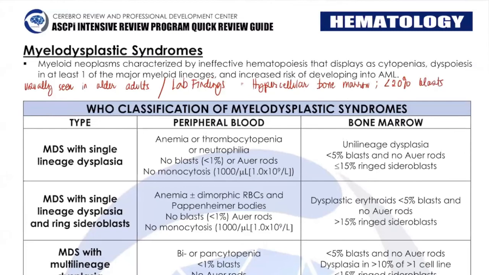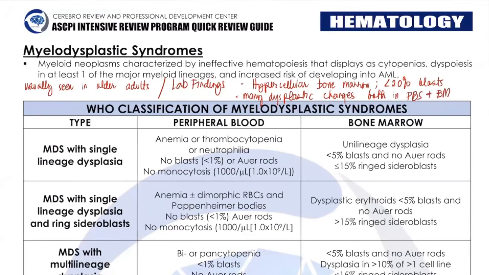And you are to expect many dysplastic changes affecting each of the cell lineage, both in the peripheral blood smear and in the bone marrow.